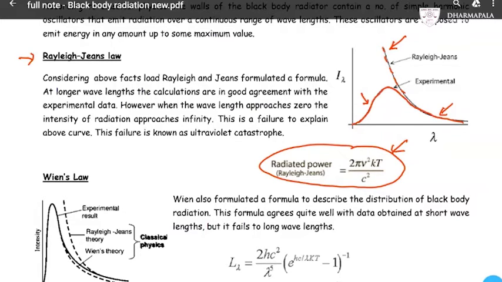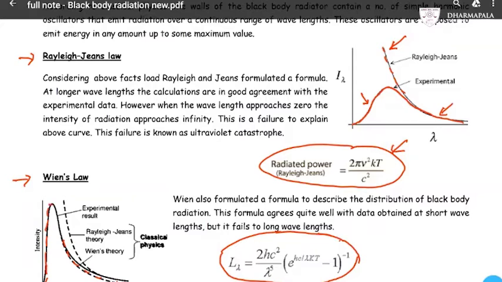Another scientist is Wien. Wien also formulated an equation like this. You don't need to remember these; this is just to know that there are some equations that they have developed. This broken line shows what he got.